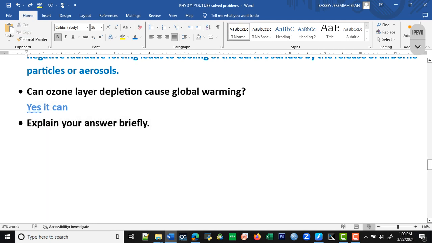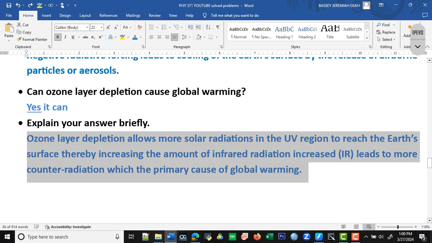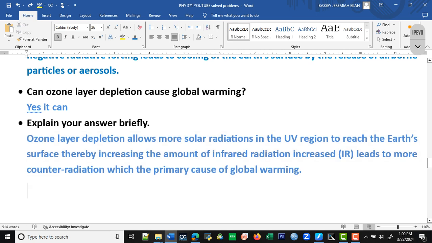Ozone layer depletion allows more solar radiation in the form of UV region to reach the Earth's surface, thereby increasing the amount of infrared radiation which is re-radiated, leading to more counter radiation, which is a primary cause of global warming.